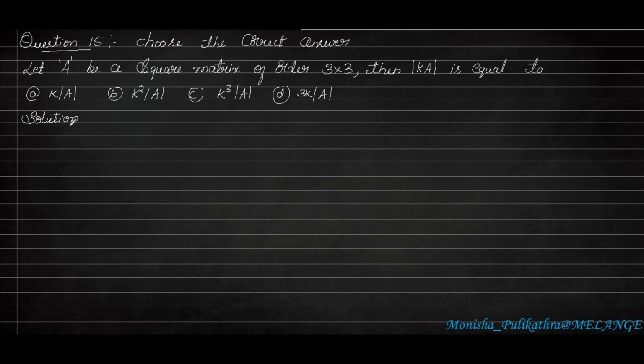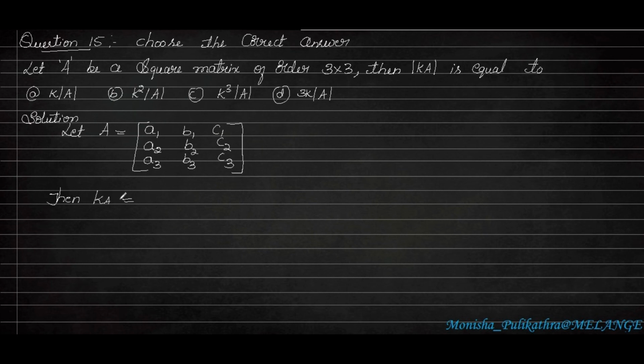So let us take a square matrix. We can take any square matrix, either numbers or variables. I will take variables, that is a1, b1, c1, a2, b2, c2, a3, b3 and c3. This is the matrix I am taking here. Because we need kA, we need to multiply with k.